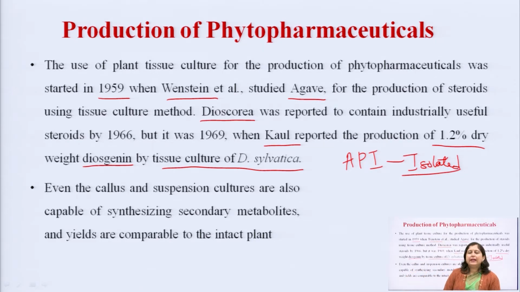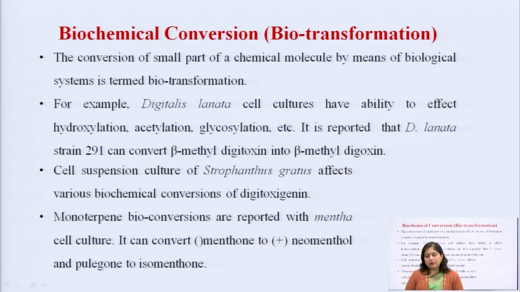Even the callus as well as the suspension cultures are capable of synthesizing secondary metabolites, and the yields are comparable to the intact plant. If we have done the callus culture and suspension culture of a plant inside the lab, it is not possible at times to do cultivation at a very large scale if we require a lot of drug, and we do not have that much space to cultivate, and it takes a lot of time.